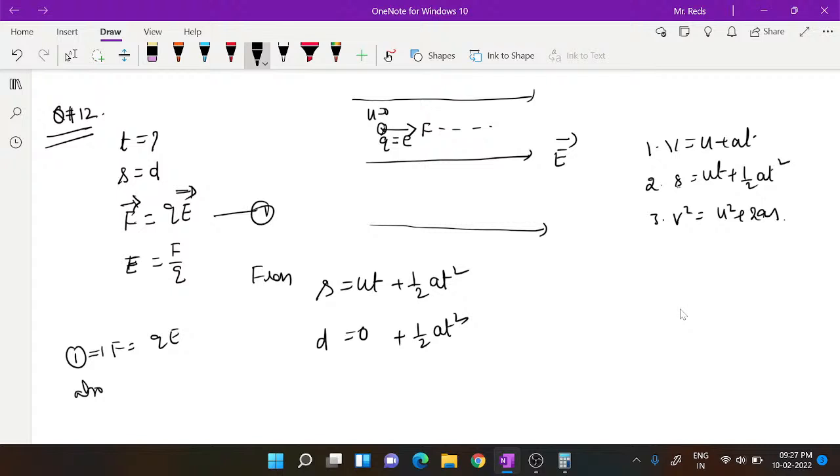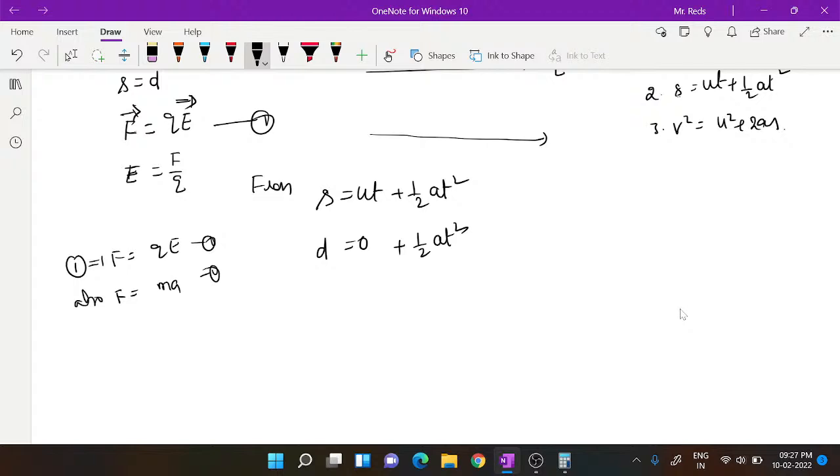From Newton's second law, force is equal to mass times acceleration. So this is one, this is two. If you equate these two, we can say QE is equal to MA.